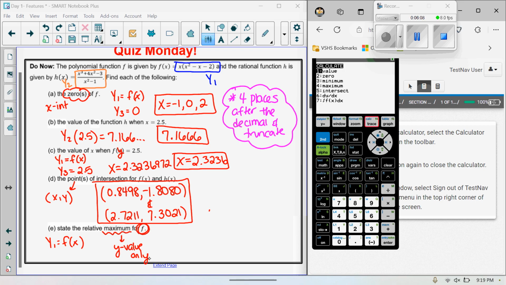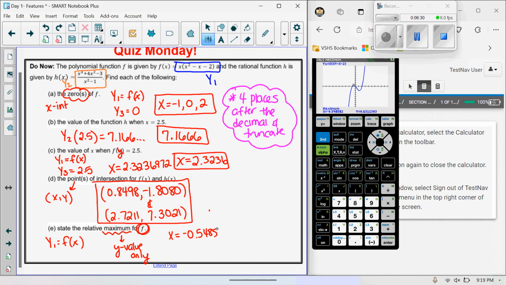So second trace 4. It's going to ask you for the left bound. So I'm going to go to the left, hit enter, to the right, hit enter, take a guess and hit enter. So my maximum is x equals negative 0.548582. Y equals 0.6311303.